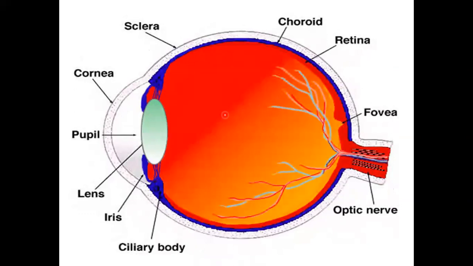Sclerotic layer, choroid layer in blue color, retina in red color, fovea, optic nerve, ciliary muscles, and the lens connected. With age, these ciliary muscles weaken, so sometimes we can't see properly, sometimes they have a long side, sometimes a short side because of this. And this is the iris. Here this is the lens. This part is the pupil and this is the cornea.